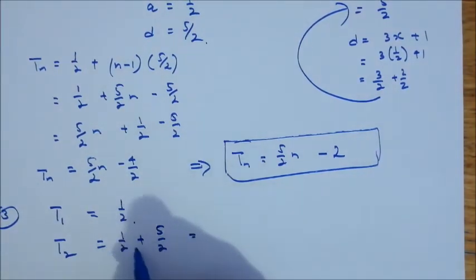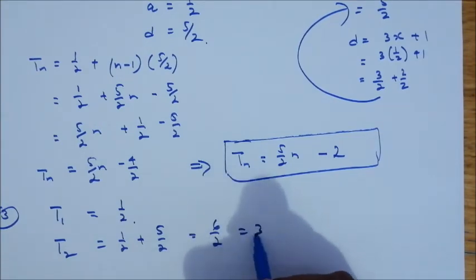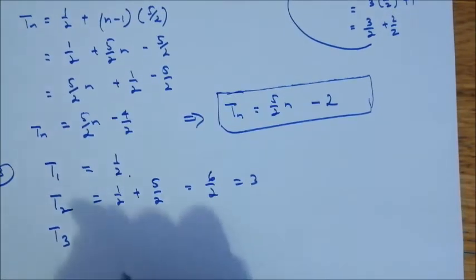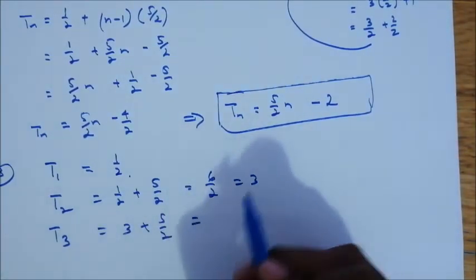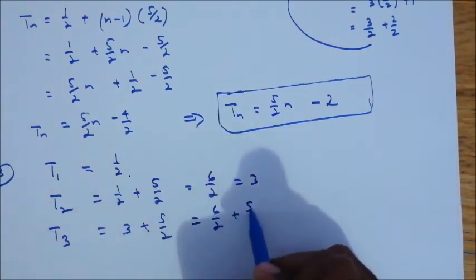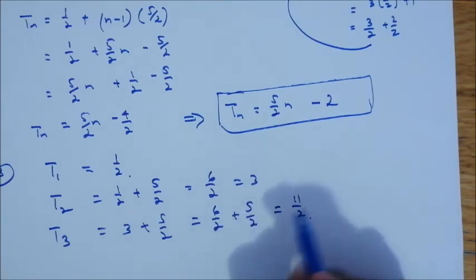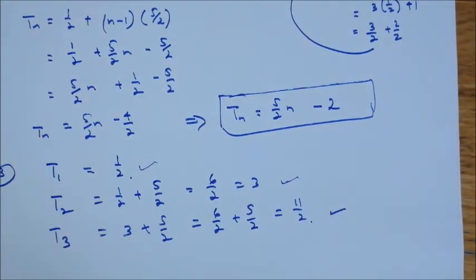Okay, this is 1 plus 5 is 6 over 2. This is 3. Then the third term is going to be 3 plus 5 over 2. This is 6 over 2 plus 5 over 2. 6 plus 5, it's 11 over 2. So this is the first term, the second term, and the third term. All right, guys, I trust this makes sense.